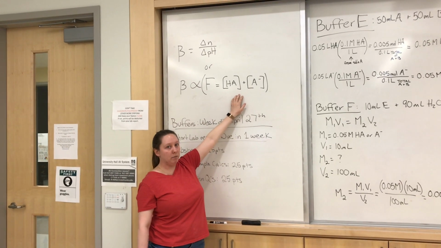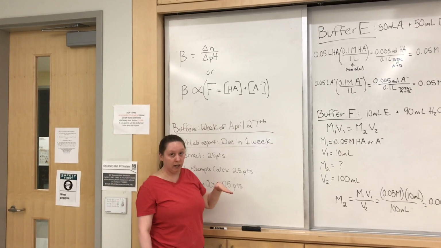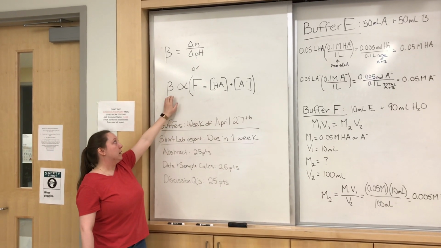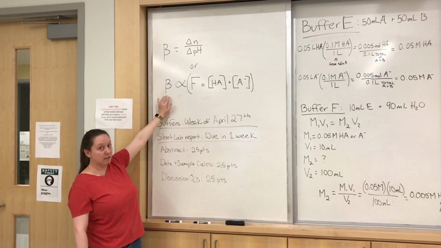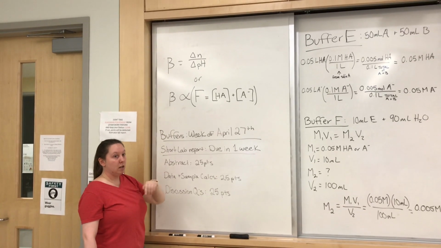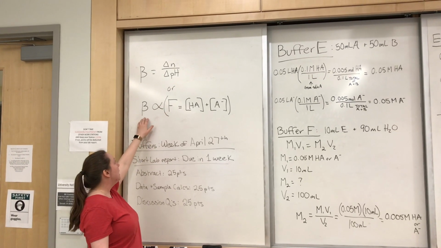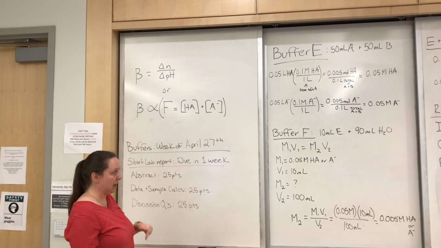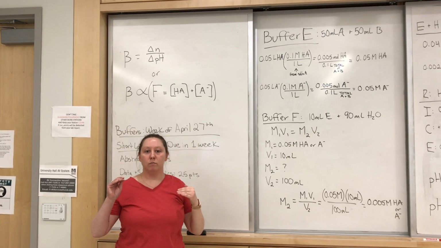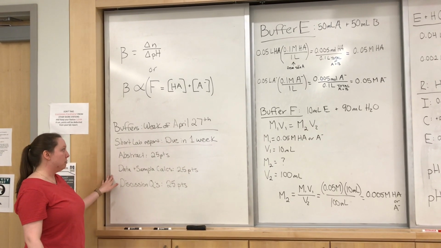So if these numbers are bigger, your buffer capacity is bigger. As you're diluting, your concentrations are getting smaller. So if that's directly proportional to your buffer capacity, beta, that means your buffer capacity is getting worse. So as you get more dilute, you should see a bigger pH change, and your buffer capacity should be going down.